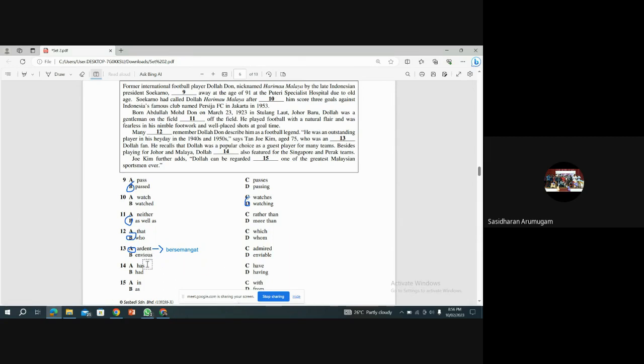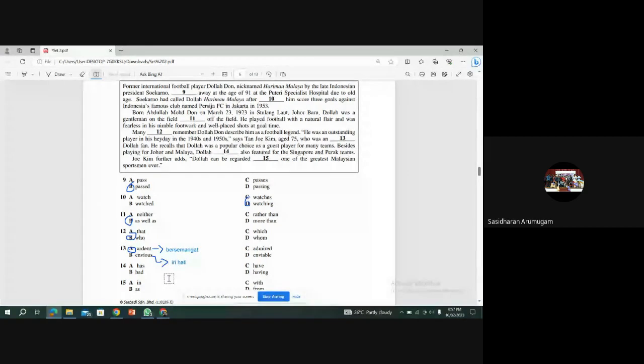What is meant by envious? Envious ni macam perasaan yang tak baik. Dia macam jealous or like iri hati. Okay. So it is not good lah. Semangat ni tak boleh ada. Okay, it's like iri hati. That's what is meant by envious.